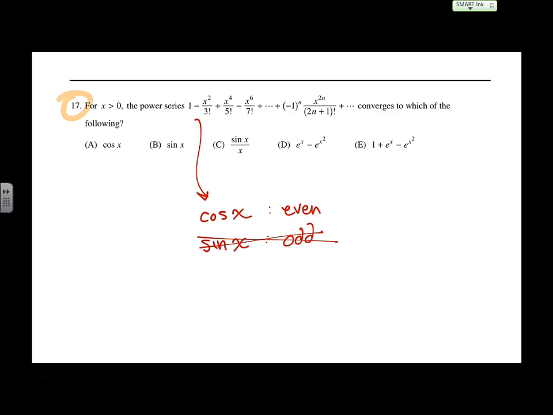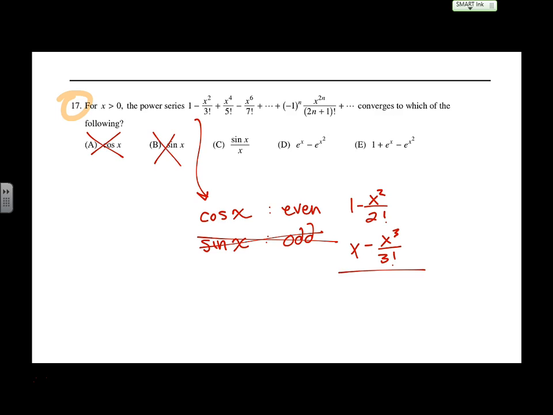So cosine would be 1 minus x squared over 2 factorial, but the problem is, that's not it. Sine is, nope, sorry, x minus x cubed. That's not it. Wait a minute.